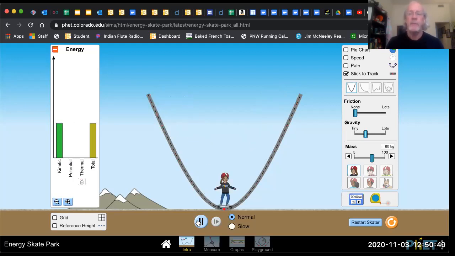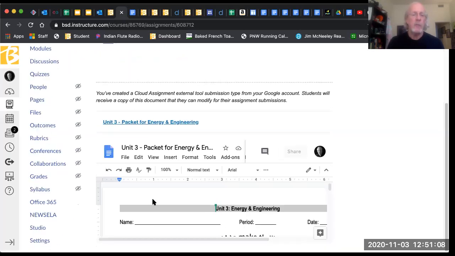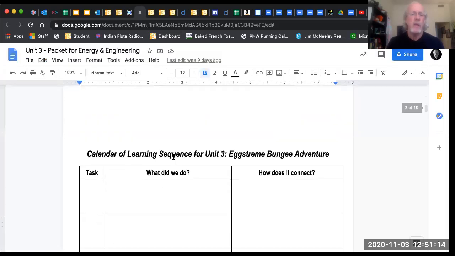That is our little PhET simulation, and I'm just going to zip back over here.